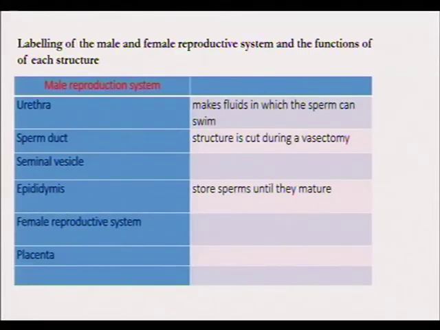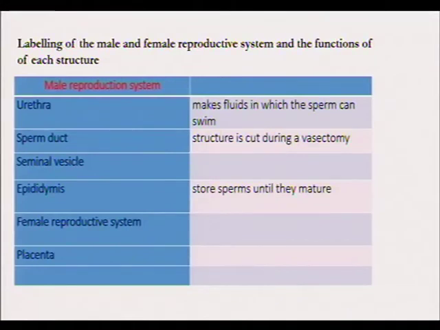Okay, for example, if you need to label the male reproductive system and the functions, you have the seminal vesicle, and then the sperm duct. The sperm duct is the structure which is usually cut during a vasectomy.